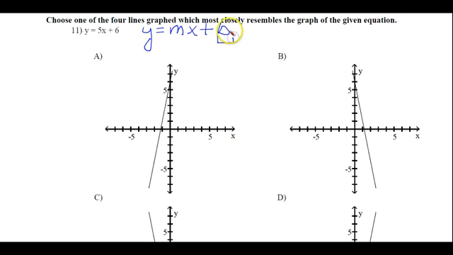We always plot our y-intercept first, which is a 6. Now our slope is 5 over 1, so you go over 1, up 5. That's the way I usually graph them. Another way to graph this is to go down and then over 1, which is right there.